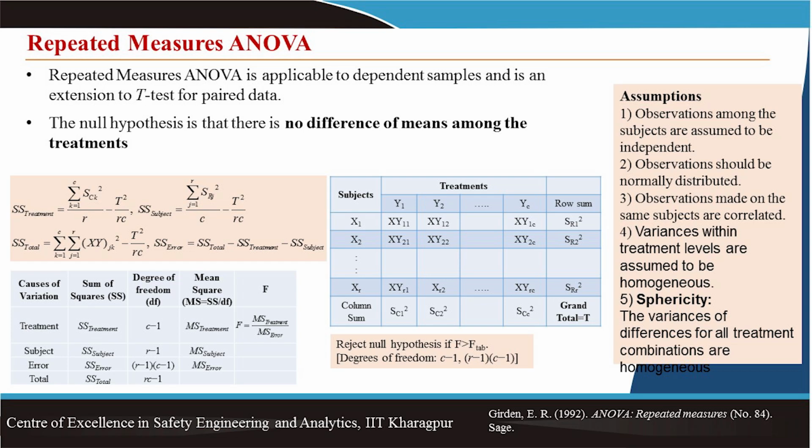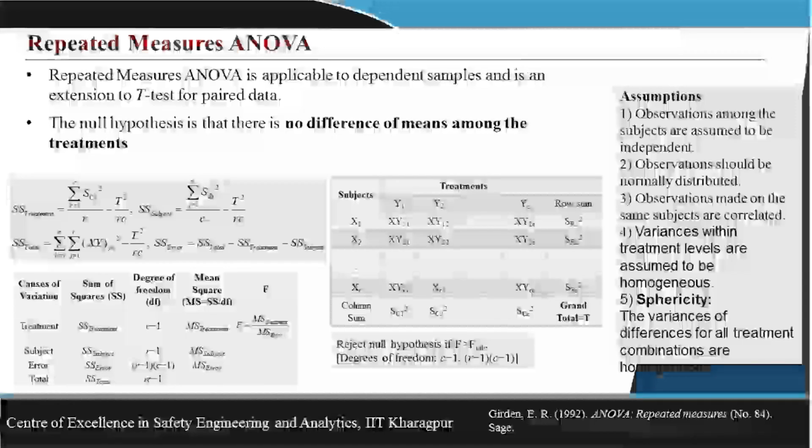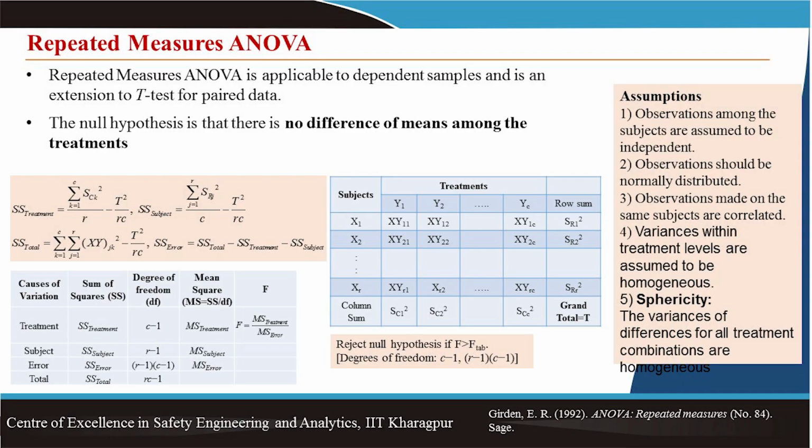As a result, the sum square total will be equal to sum square treatment plus sum square subject plus sum square error, and using this subtraction formula you can now compute the sum square error. So, as a result I can say that the sources of variation are treatment, subject, error and total. This you are required to compute.